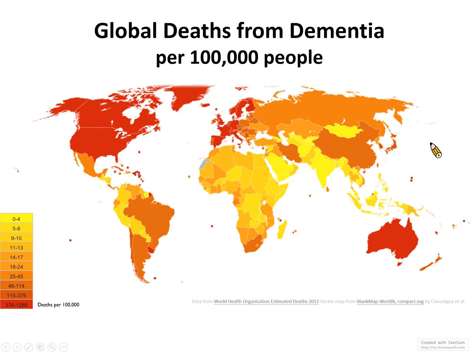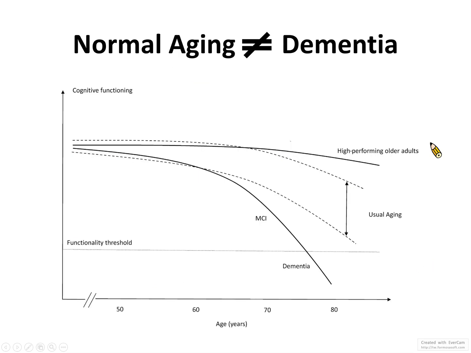There are lots of studies trying to find treatments for dementia and early diagnosis, to see if we can prevent people with mild cognitive impairment from progressing to real dementia. But the first thing we need to know is that normal aging is not equal to dementia.